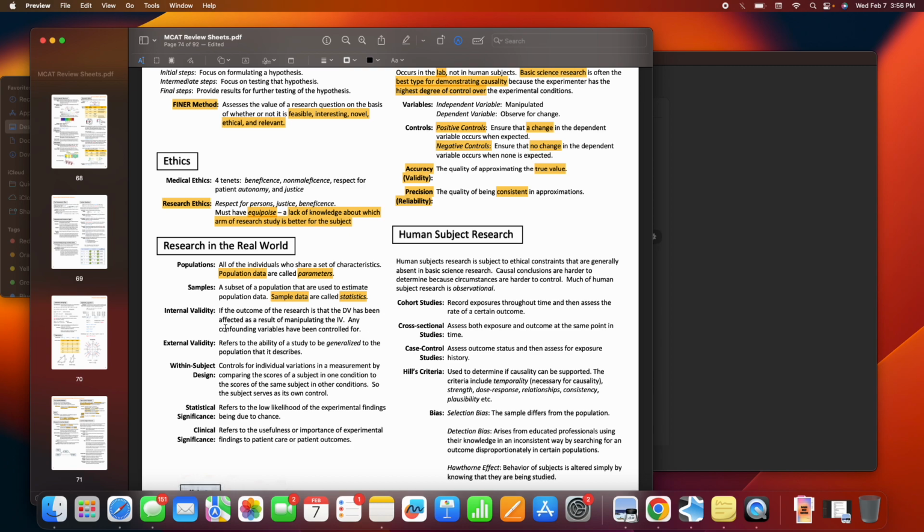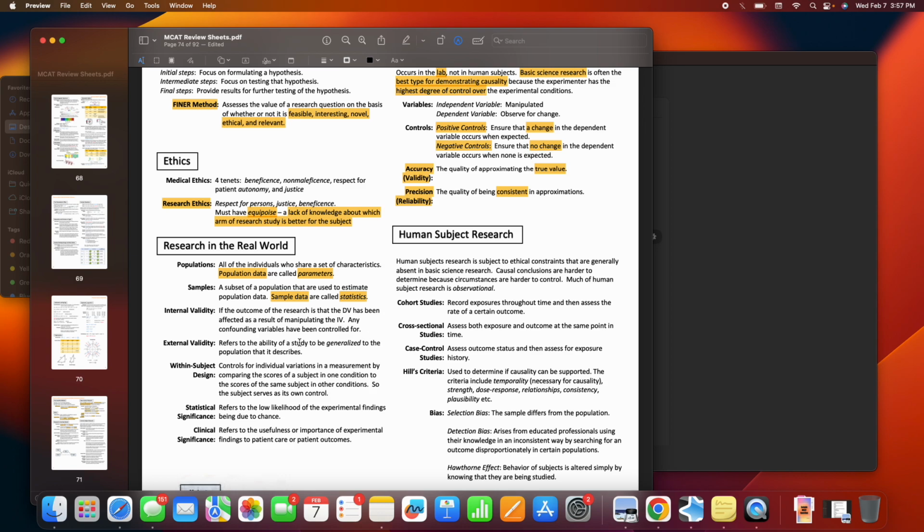Internal validity is if the outcome of the research is that the dependent variable has been affected as a result of manipulating the independent variable. So if the DV has been affected as you have manipulated the IV, then you have internal validity.